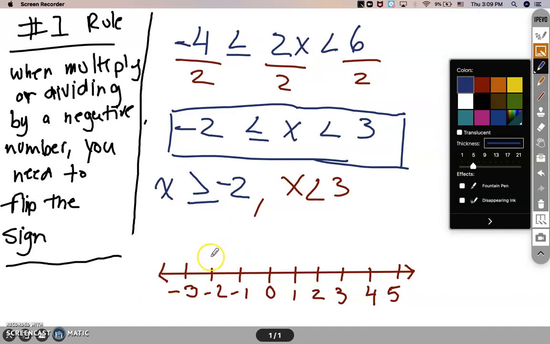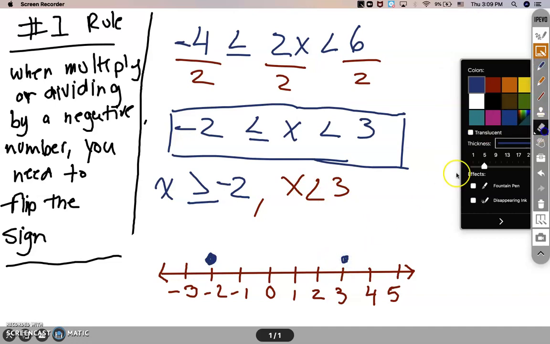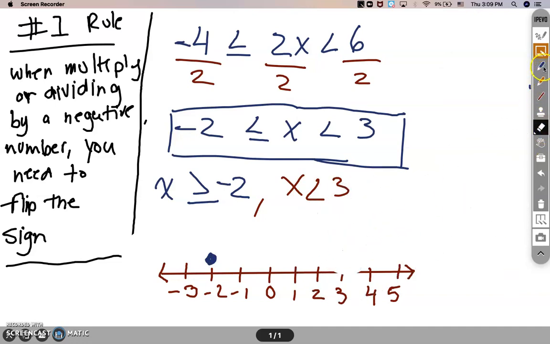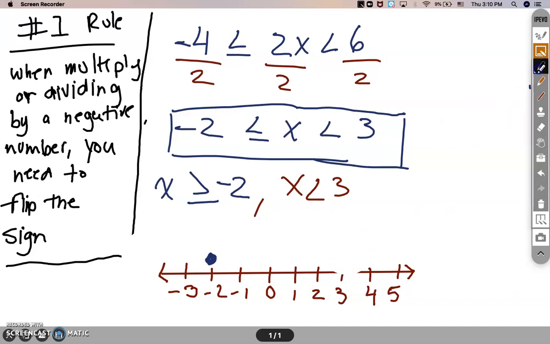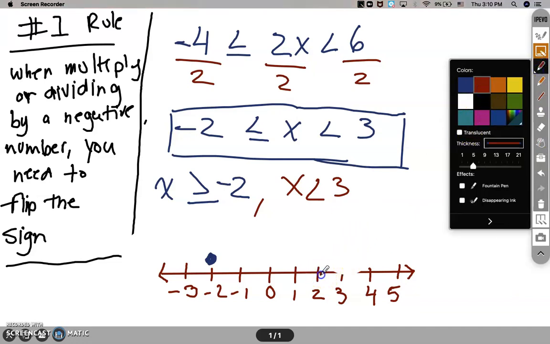So, first, x is greater than or equal to -2. So that means I'm going to go there and fill in a solid dot. Then x is less than 3, so just less than, not a solid dot. It'll just be like that. I don't want to fill it. Let me fix this a bit. Okay, so then I want to just do a normal dot.